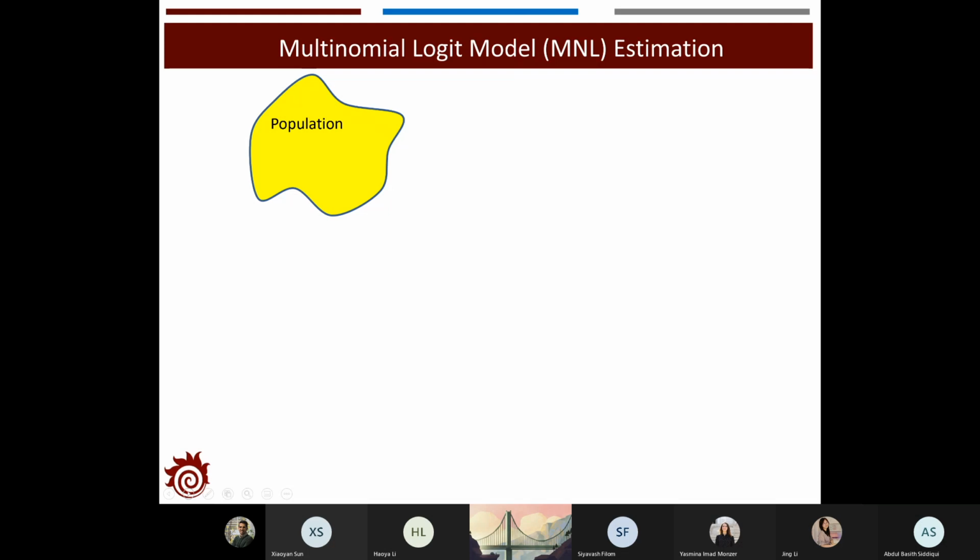What we do is pick a small sample from the population, and that's doable. We will be able to select some individuals from the population to represent the general trend or the preferences of the whole city or the whole region.